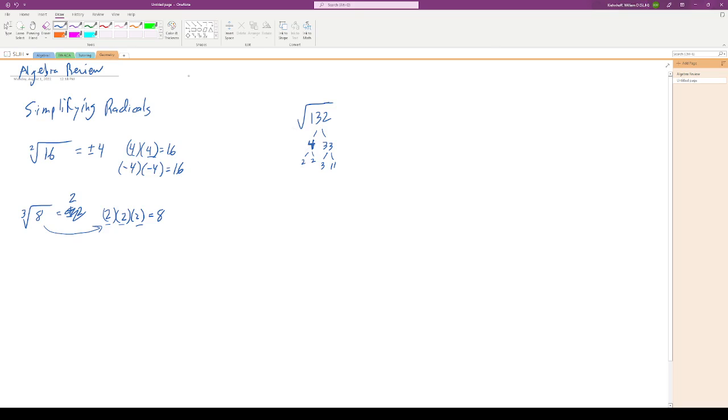So once I've got my prime factors, I look for pairs of numbers. The reason we're looking for pairs is that hidden index of 2. If we were doing a cube root, I'd be looking for sets of 3. Or if we were doing a fifth root, I'd be looking for 5 of the same number. So we're just looking for a number of matching items that equal the index, which in our case is normally going to be 2.